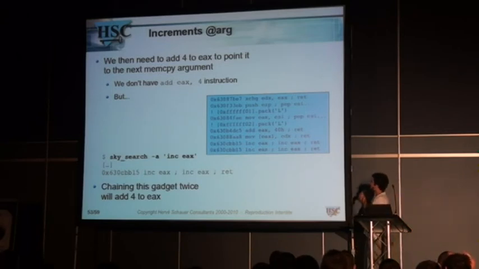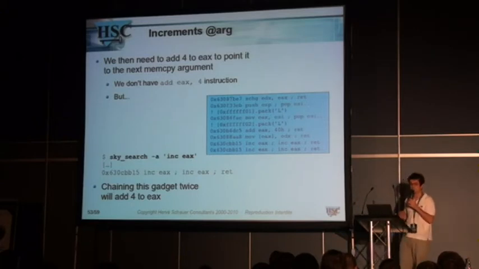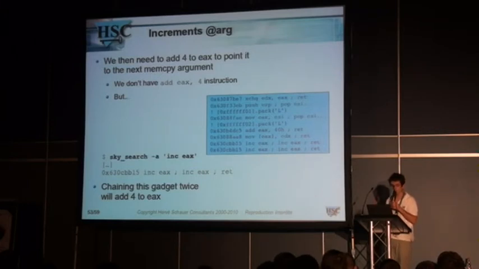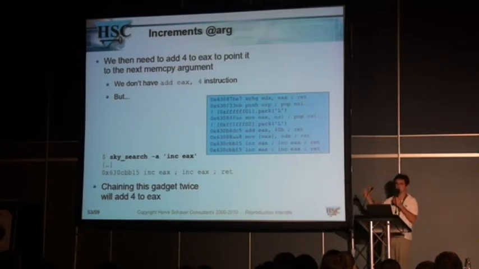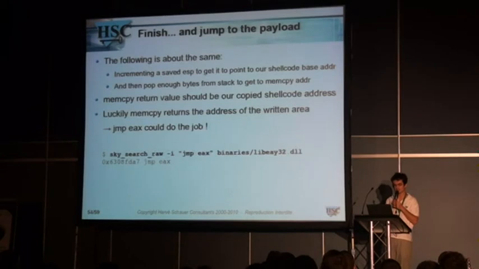And then we need to add 4 to EAX to point it to the next memcopy argument. But we don't have an add EAX, 4 instruction. But if we look for instructions that operate on EAX, we will find an instruction which does inc EAX. So if we combine this gadget twice, we will indeed add 4 to EAX.